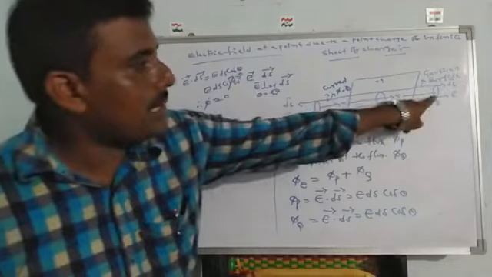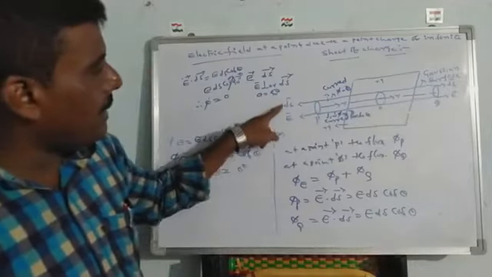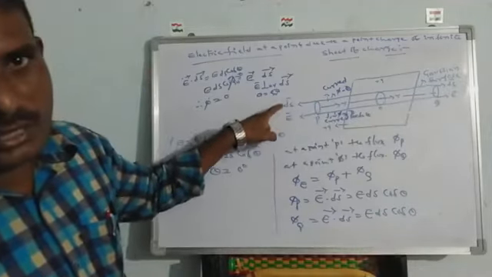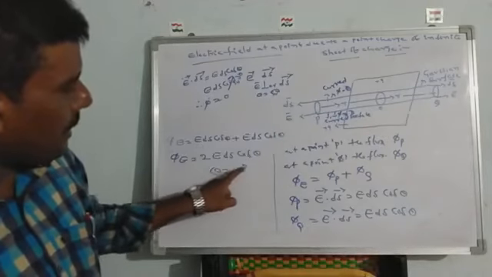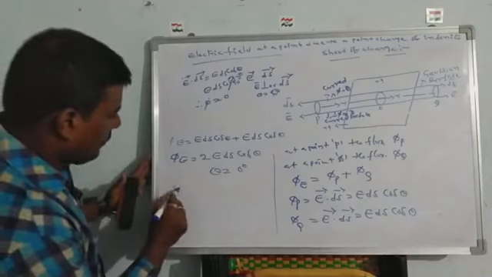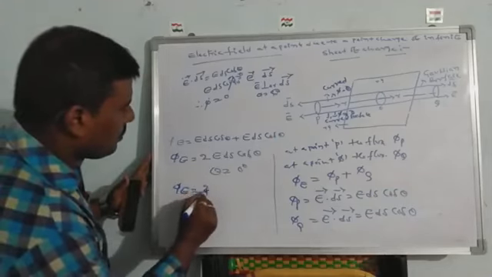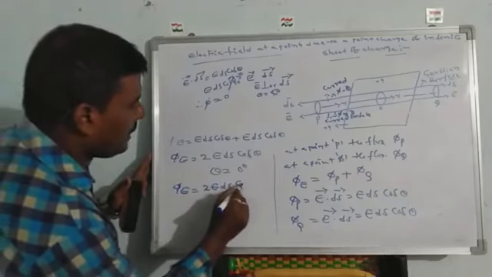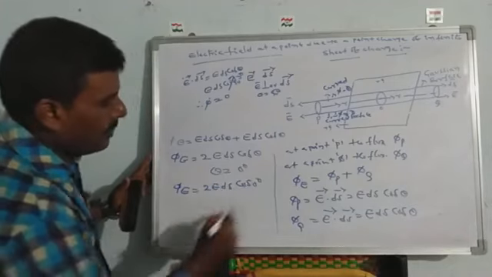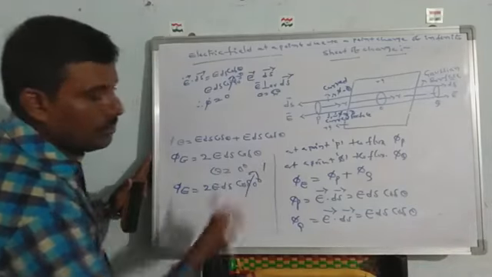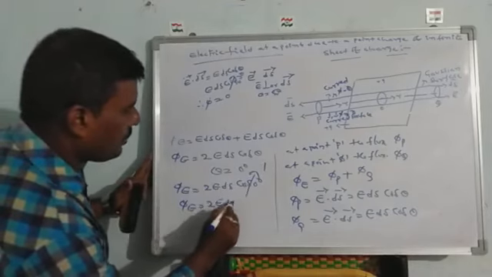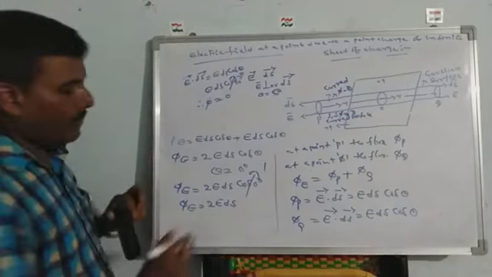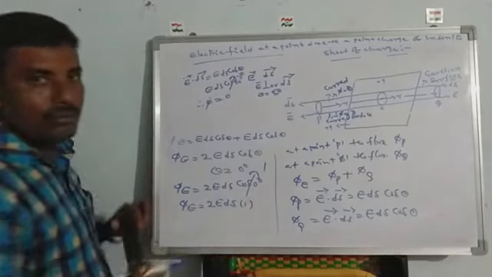So the angle between them is theta equals 0. So phi E equals 2 E ds cos 0. Cos 0 equals 1. Phi E equals 2 E ds into 1.